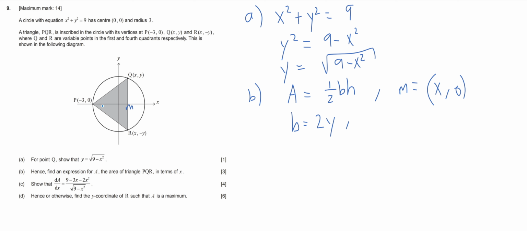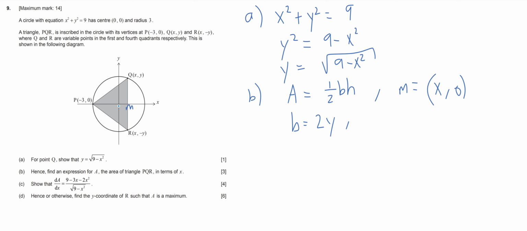Now to work out H. H is the distance from here to here, and then from the origin to here. From point P to the origin is 3, because P has x coordinate minus 3. So it's 3 plus x, because the x coordinate of M is x.